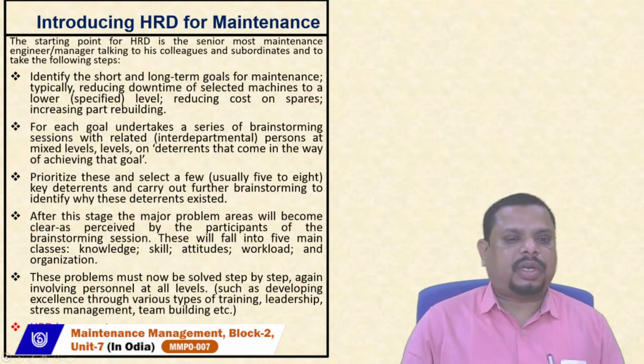The next important part is the classification, or the types, of maintenance management inside the organization. So these are the points for HRD that the senior-most maintenance manager or engineer must discuss with their colleagues as well as subordinates to go for introducing human resource development for maintenance management.